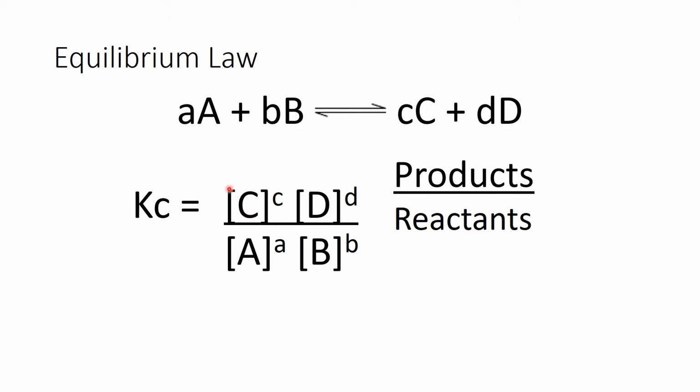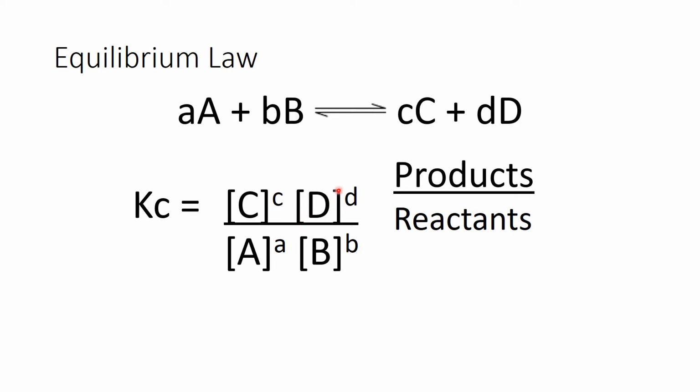We're taking the concentrations, measured in moles per decimetre cubed, of each product raised to the power of the number of moles. So this is the concentration of C to the power c, where c is the number referred to in the stoichiometry of the reaction.